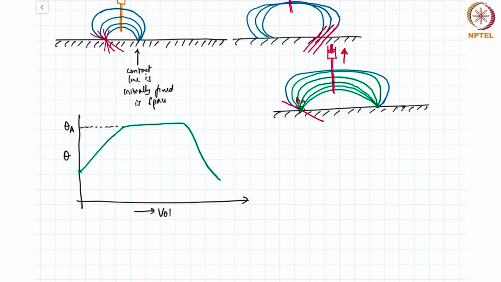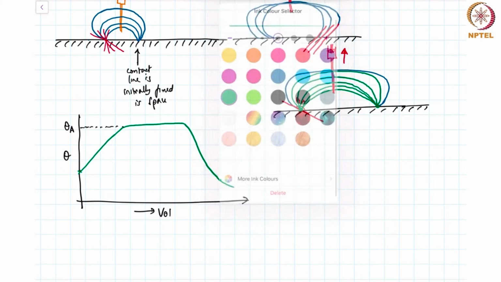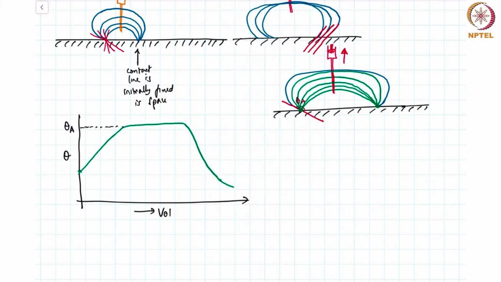And then there's a point where below a certain angle, the contact line moves. After this, the contact line moves with the same angle, right?